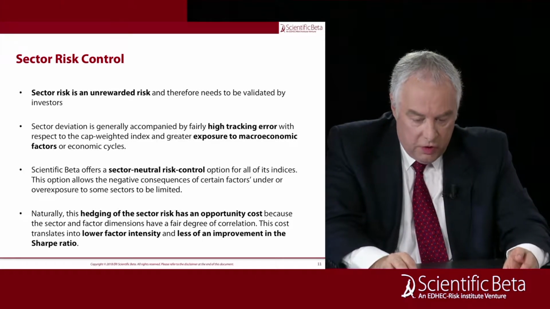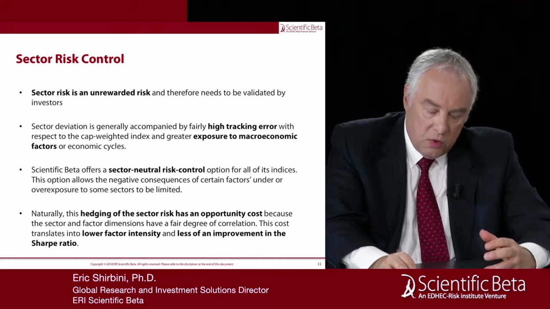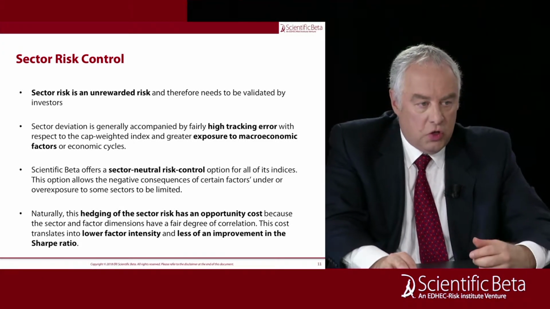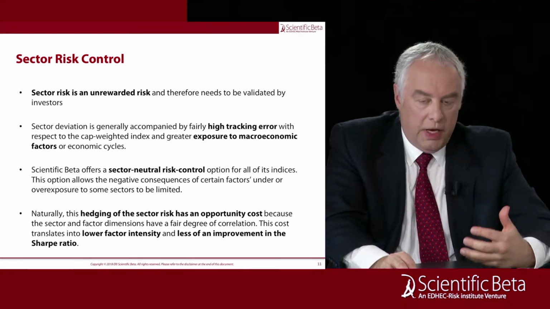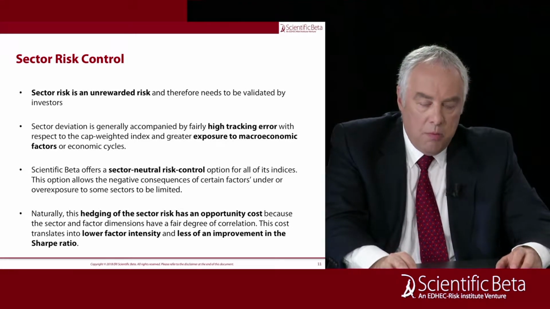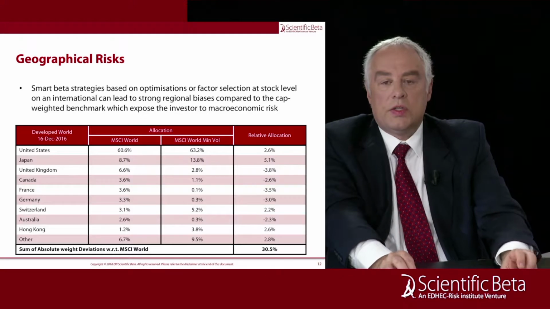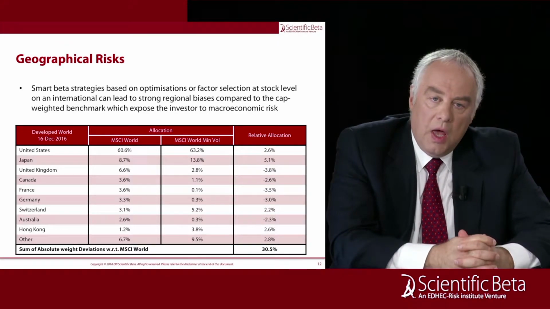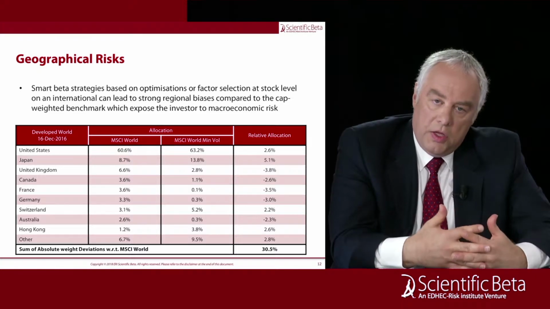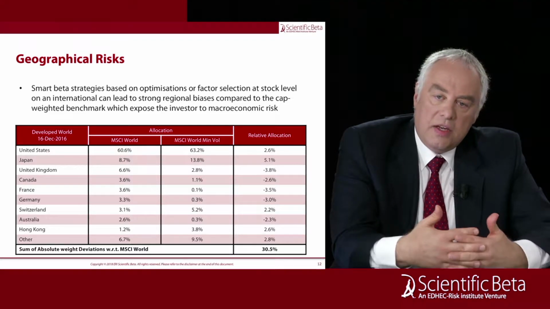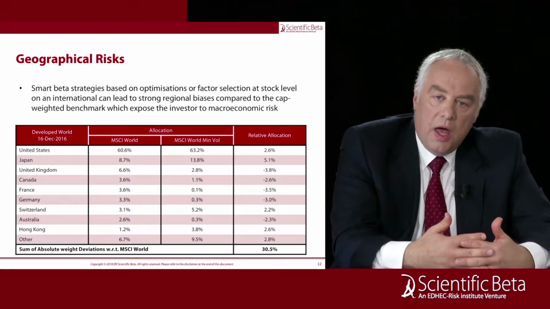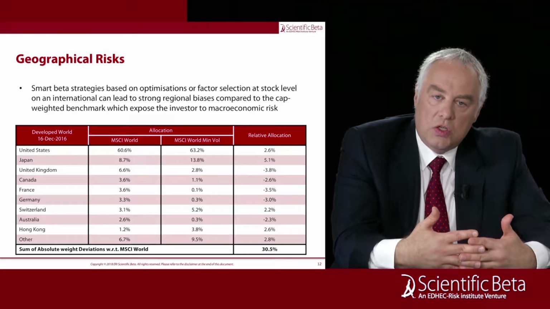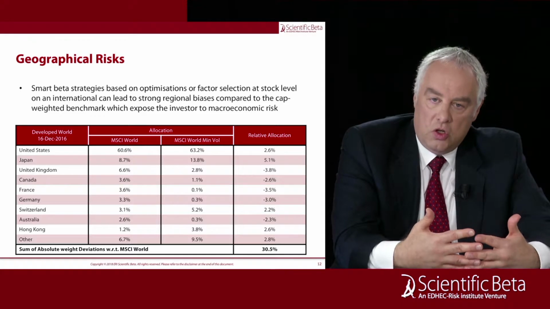Yes. In terms of geographical risks, whereas we provide market beta as an option and sector as an optional risk control in our flagship index, we treat geographical risks slightly differently. So what do I mean by geographical risks? I mean exposures that you have that are again different to the market when you come and look at these smart beta strategies on a regional basis.